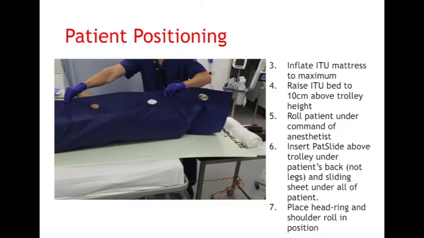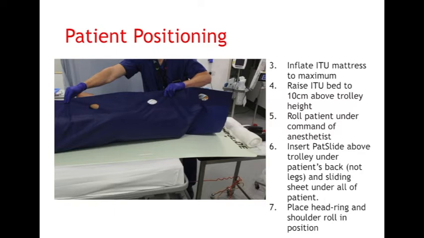These images identify how the patient will be transferred up onto the extension trolley using the pat slide and sliding sheet to fill the gap between the top of the ITU mattress and the bottom of the trolley.